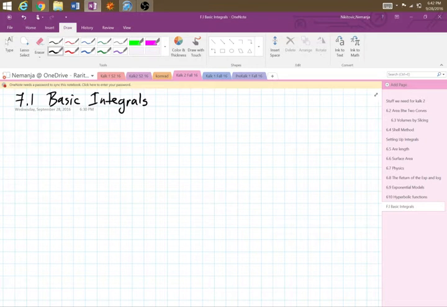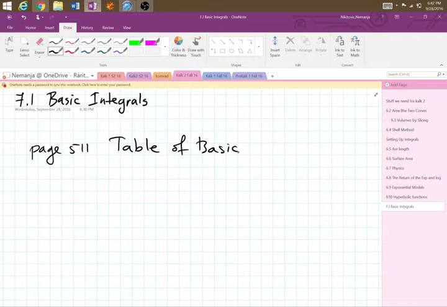Now, let's immediately start with noting that page 511 has the table of basic integrals. And you learned all of these in your Calculus 1 class, so you should know all of these formulas.